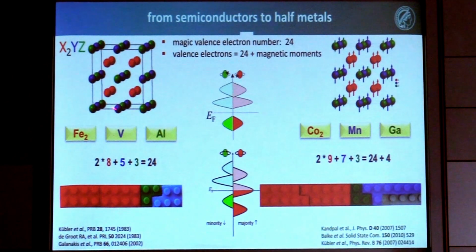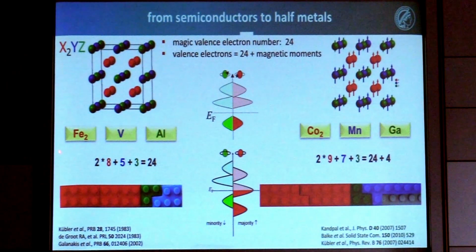So in this family, we can also find semiconductors which are related to the conventional semiconductors like gallium arsenide. We can find a lithium-2, manganese, magnesium, I have to count electrons, tin compound. But we can also find unusual semiconductors in this family of materials like Fe2VAl. It's a non-magnetic semiconductor despite having 50% iron.